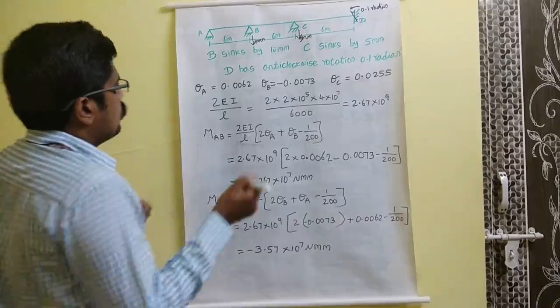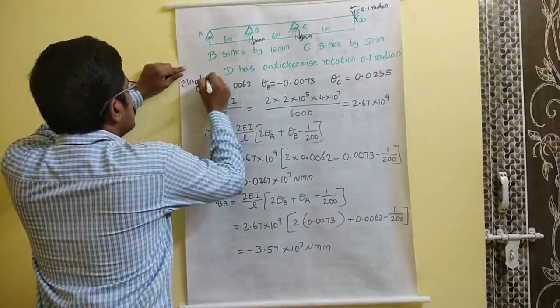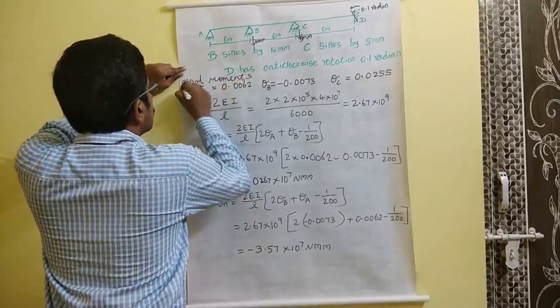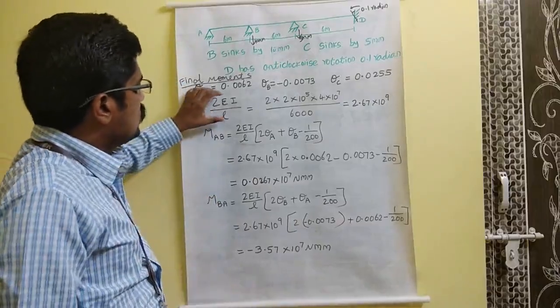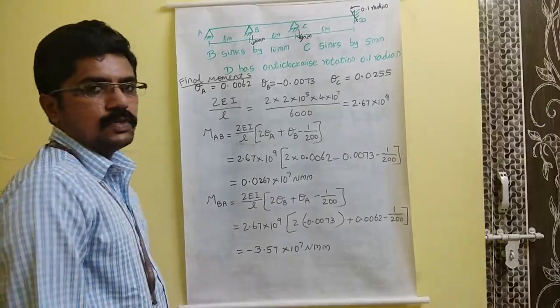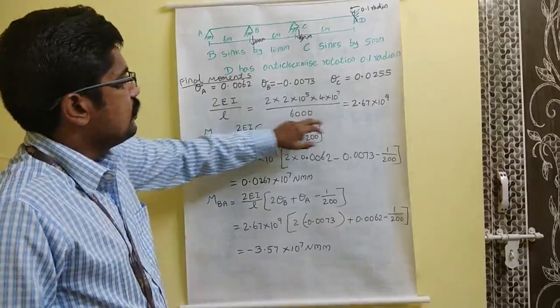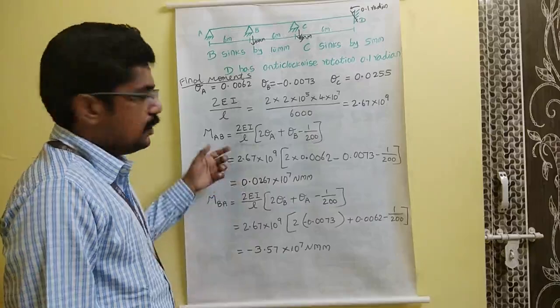So next we need to find out the final end moments, that is, the final moments. Here I have directly calculated the 2EI by L value, because in every equation we have a common term 2EI by L. By substituting the values I am getting 2.67 into 10 power 9 as the 2EI by L value.